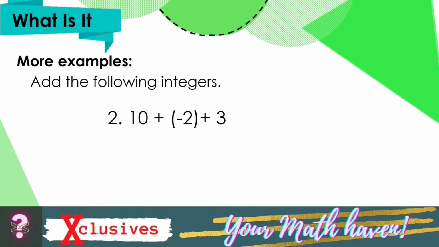In this example, we subtract 10 and 2 since they have different signs. We get 8. Then add 8 and 3 since they have the same sign. Then we get 11.